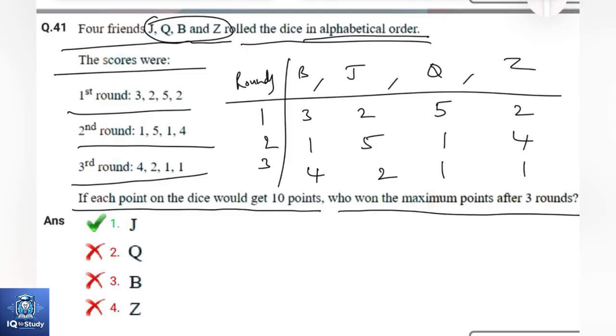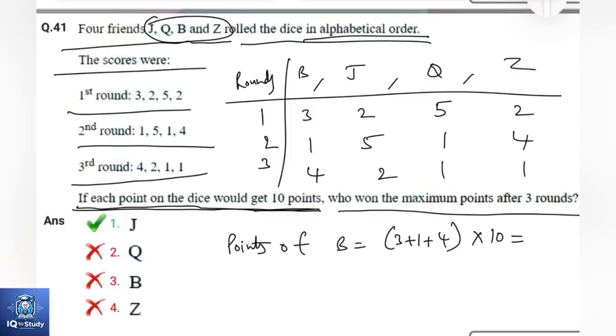From this, the points of B is equal to 3 plus 1 plus 4 into 10, because each point on the dice would get 10 points, which is equal to 8 into 10, which is 80.